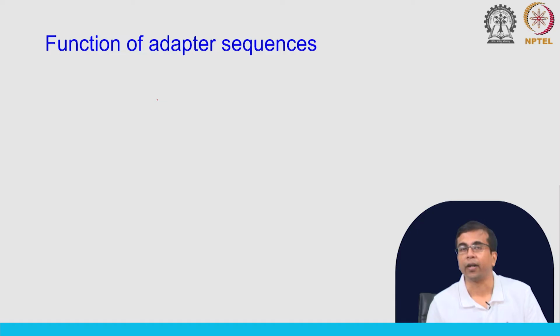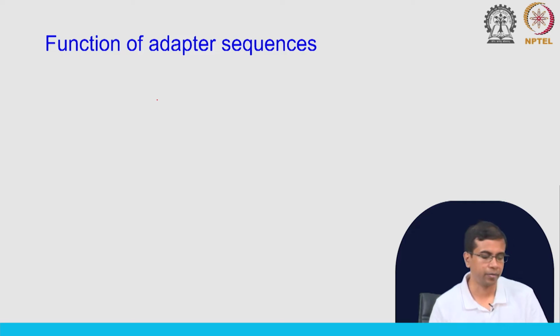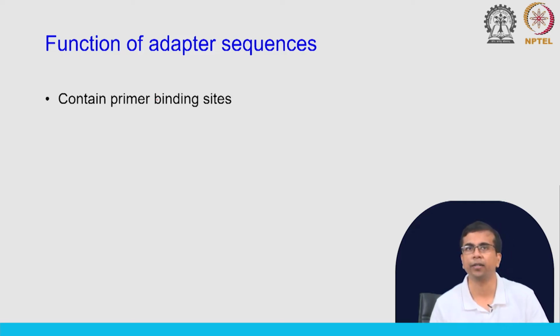So, what is the function of these adapter sequences that we just talked about, right. So, you have seen this, right. Why do you add these adapter sequences? These adapter sequences actually contain primer binding sites, right. You have seen in many cases we need to do amplification of the DNA fragments, right. Now, how would you amplify these DNA fragments, because we do not know any sequence of these fragments, right.